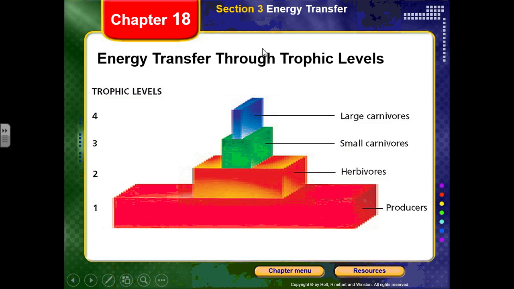And then, of course, in some trophic levels, there's a large carnivore that is the primary carnivore. So humans would fit, obviously, depending on how you want to think about it, somewhere in the large carnivore trophic level, or the small carnivores, even though we're kind of an omnivore in that way. So we don't really fit this model perfectly, but obviously we tend to be at the top of the food chain for most things.